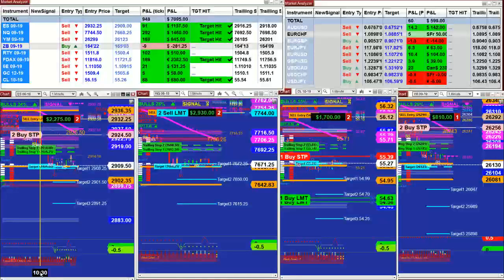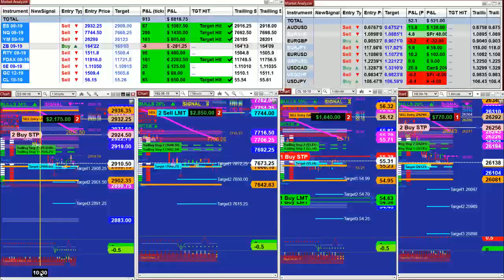Charles has caught that same trade on the new auto trade we have sent out to you guys, the T7, a new auto trade. We cannot cover everything in here.